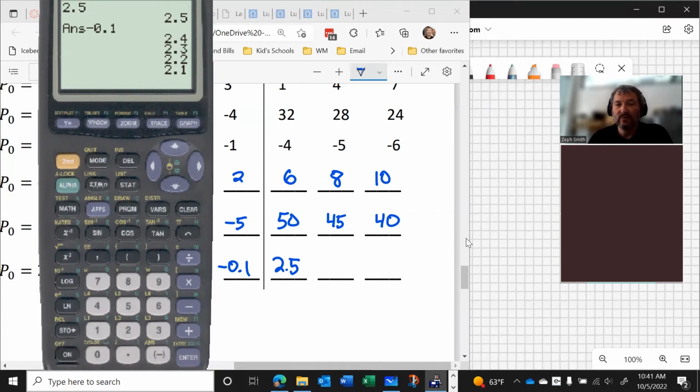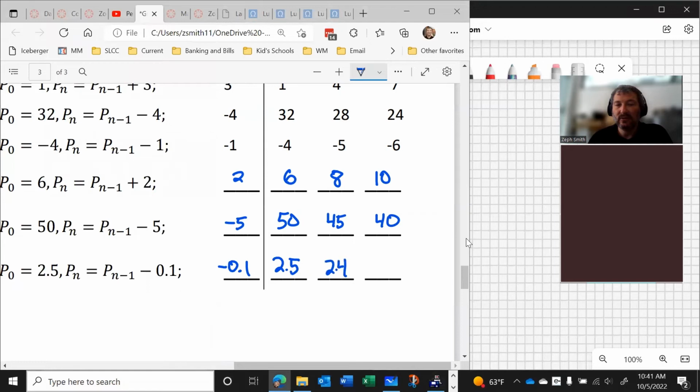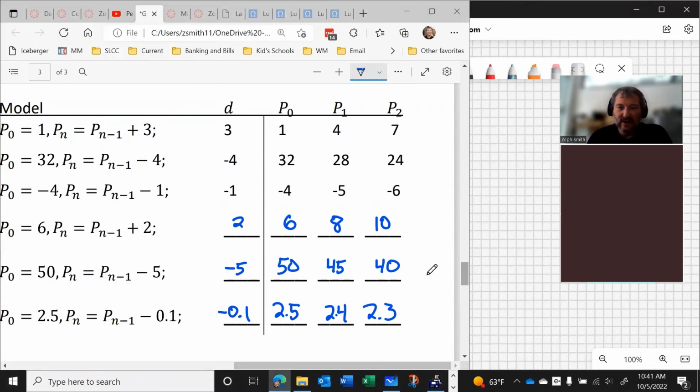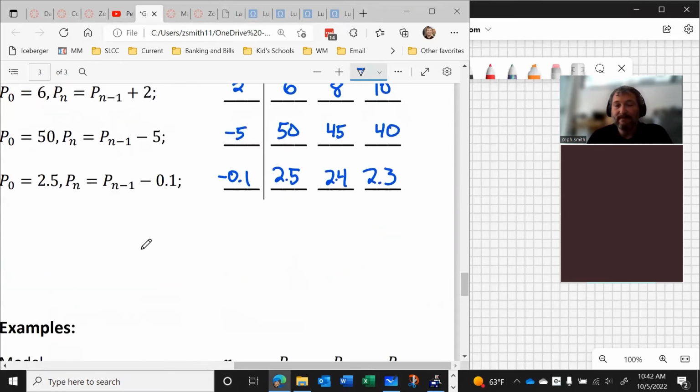So 2.4, 2.3. If we start off with -4, I'm redoing this example right here, and I just take answer -1 and hit enter a few times, there's the sequence. I think this is worth your time practicing, assuming you have an answer button on your calculator. If not, you might think that this is worth it.